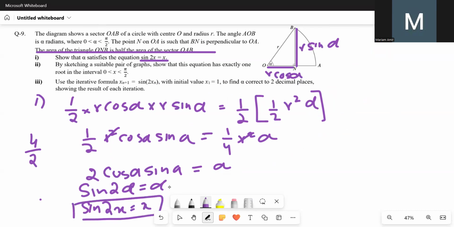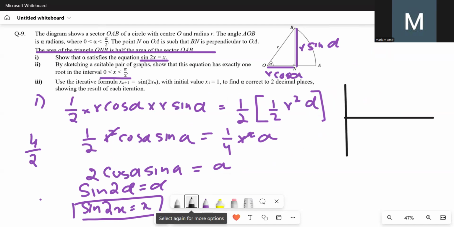Part 2. By sketching a suitable pair of graphs, show that this equation has exactly one root in this interval. All right. So we're going to plot the graph for sine 2x in the interval 0 to half pi. First, I'm going to quickly revise what the graph of sine x looks like. It looks like this, between 1 and -1.